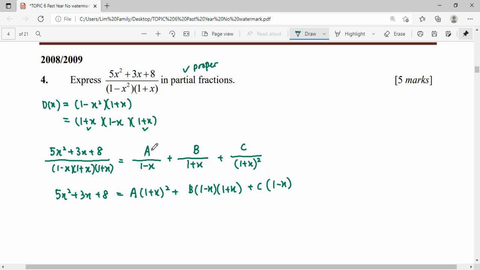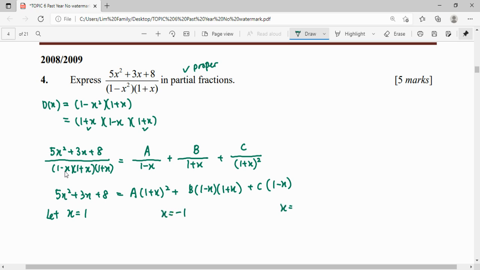Then we have to solve for A, B, C. When you have 3 unknowns, we have to let x take 3 values. Let x be the values that come from the roots, it will be easier for us to get the direct answer for A or B or C. So from our roots, we choose 1, and negative 1.